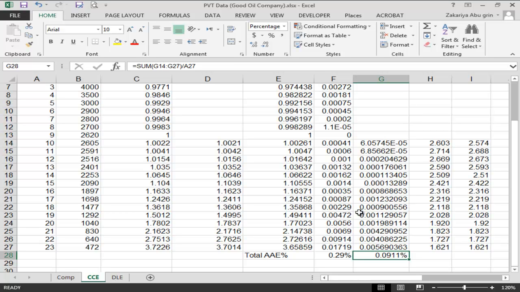So now we compare the relative volume, and we know that our relative volume is okay, we could match this from the equilibrium state, but now we also need to compare the compressibility.